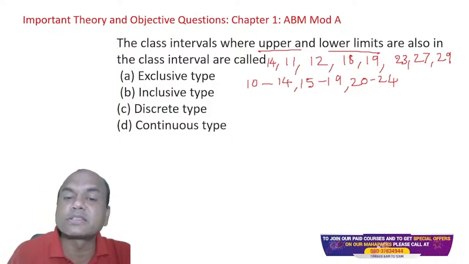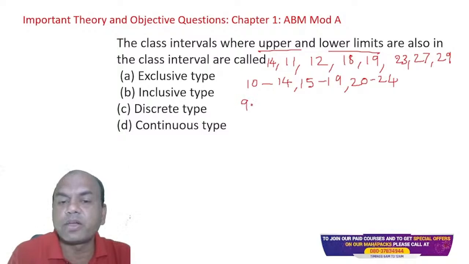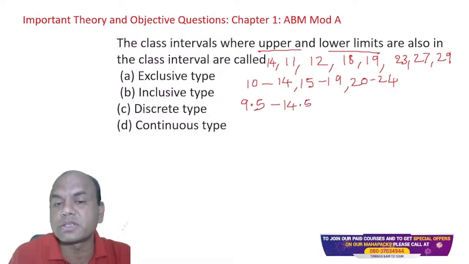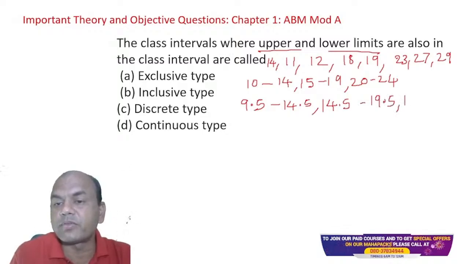The other one is exclusive. Here, take 0.5 on this side, 0.5 on this side. So it will be 9.5 to 14.5. Similarly, 14.5 to 19.5, and next again 19.5, and so on, right?